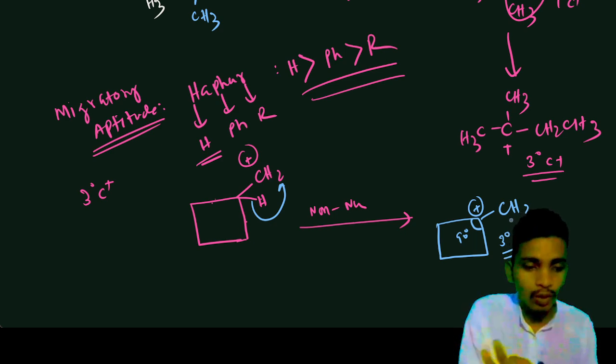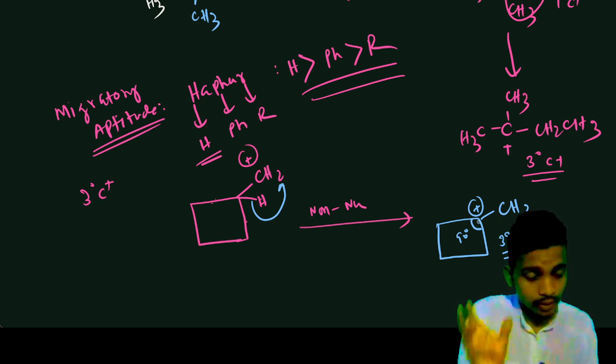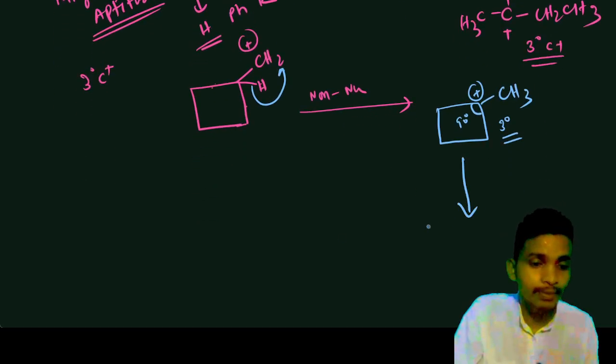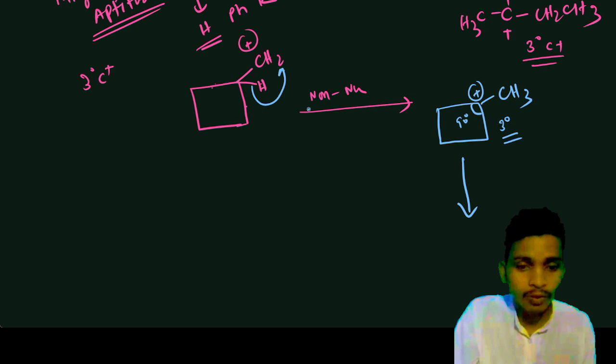So although this is a 3 degree carbocation, the angle is 90 degree. A carbocation needs a trigonal planar shape, as I have discussed in the past class. So it needs 120 degree. So here again rearrangement will happen, because this is a non-nucleophilic medium.